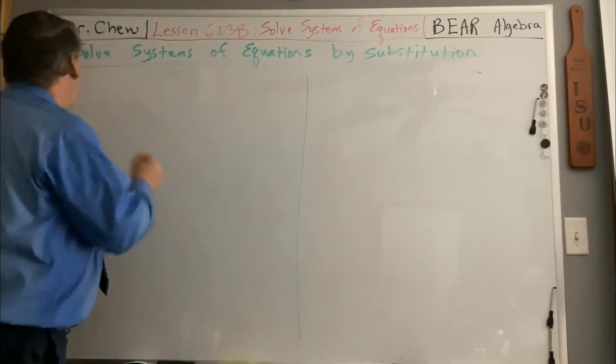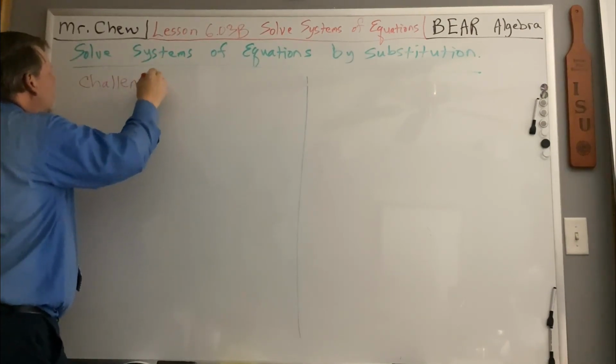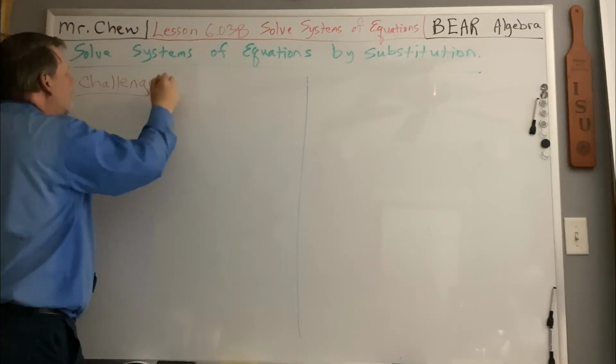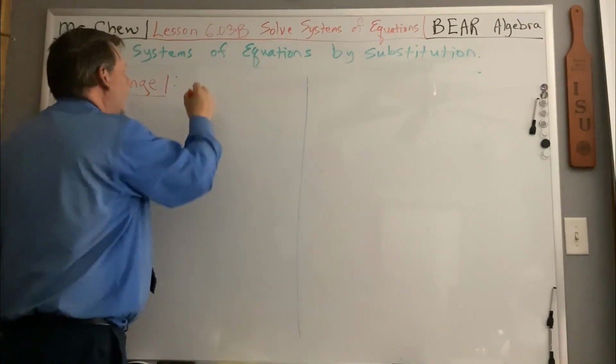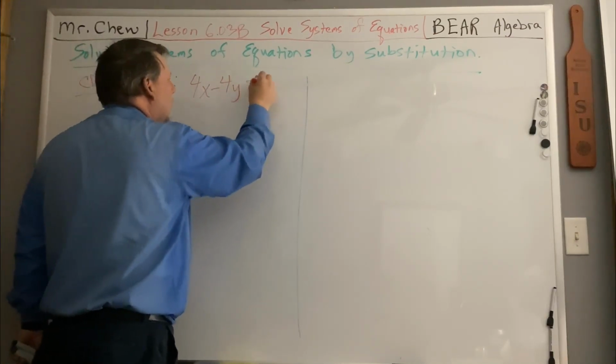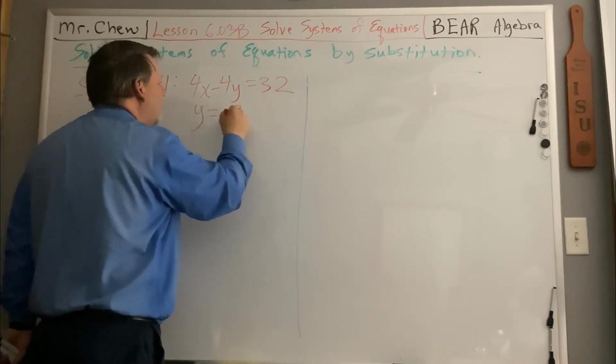So in challenge 1, we have two equations. 4x minus 4y equals 32. And the second equation is y equals negative 3x.